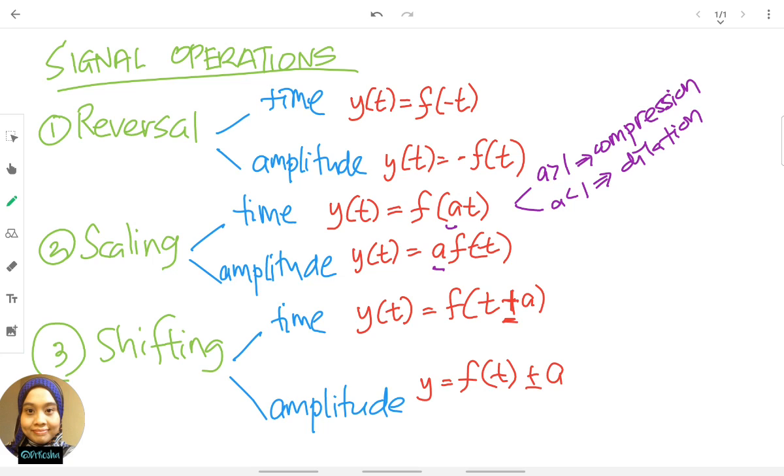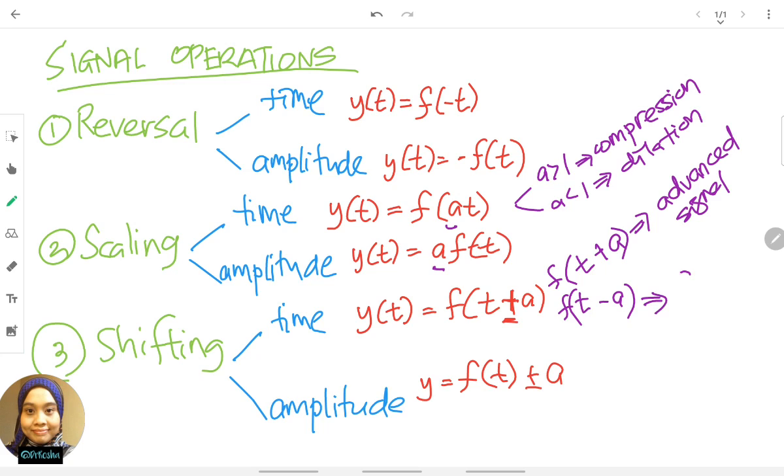But for the shifting on the time, if you use t plus a, this is what we call an advanced signal, and if t minus a, this is what we call a delayed signal.